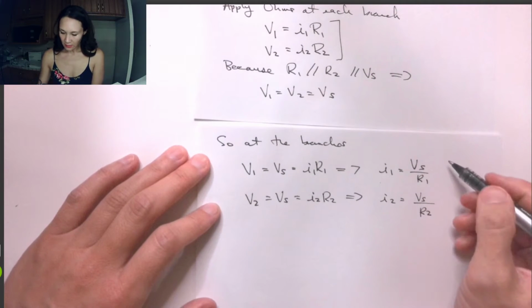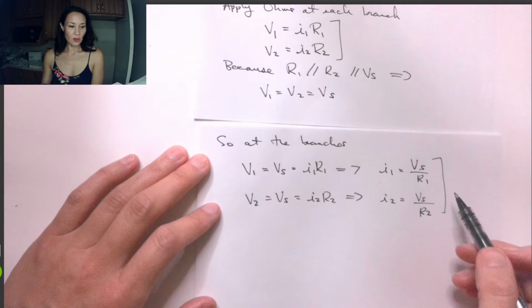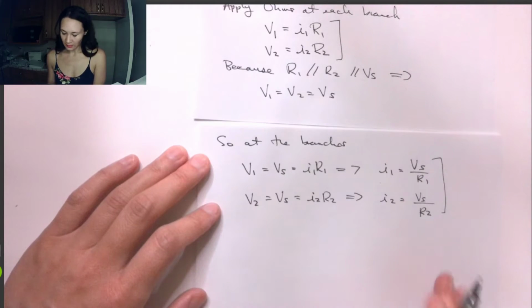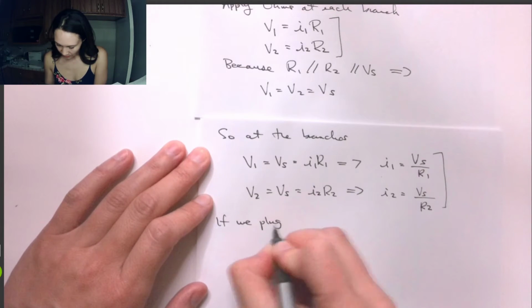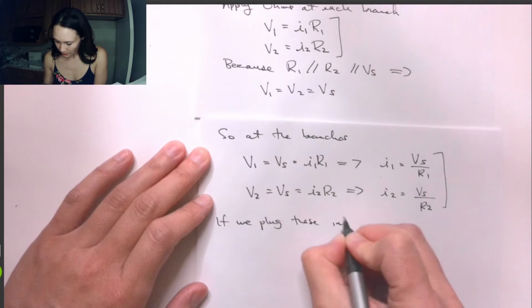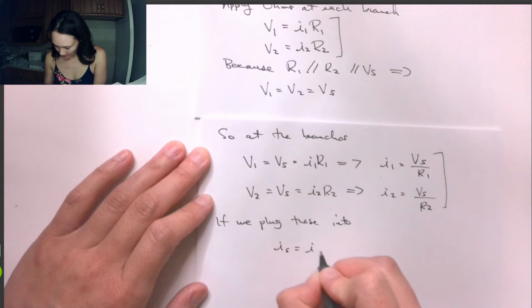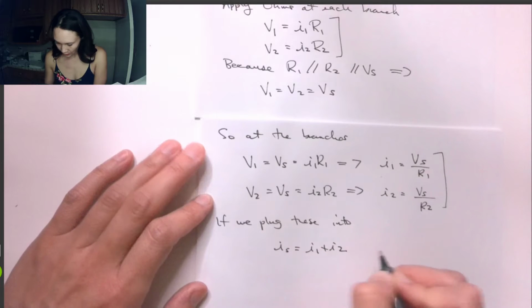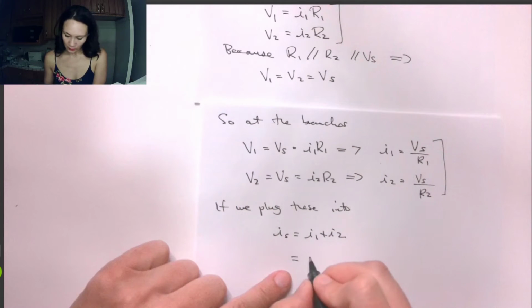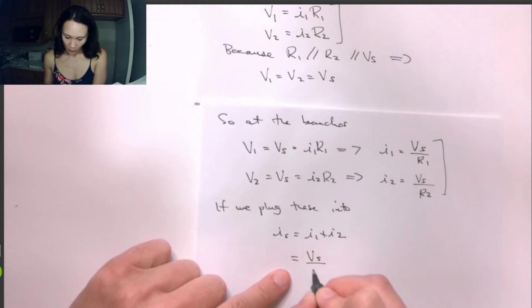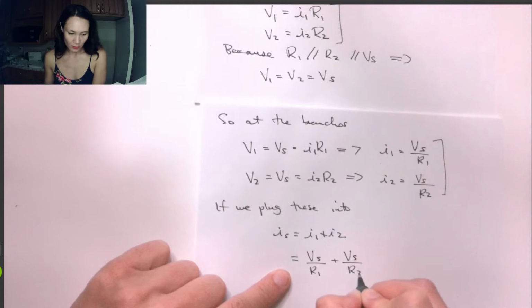Okay, so if we plug these into the equation we got from KCL, I1 plus I2, then we get that Is is equal to Vs over R1 plus Vs over R2.